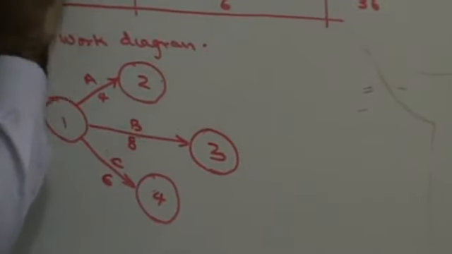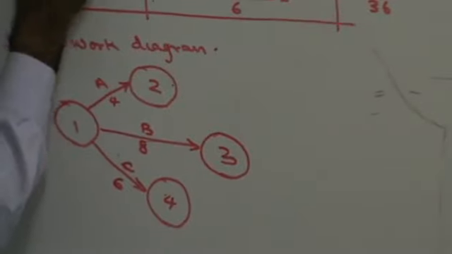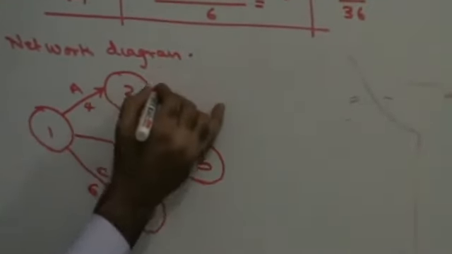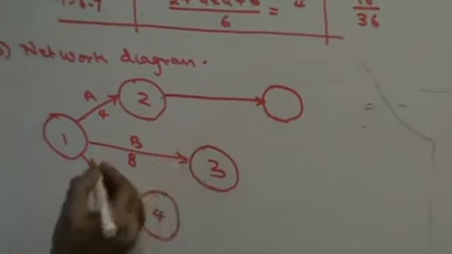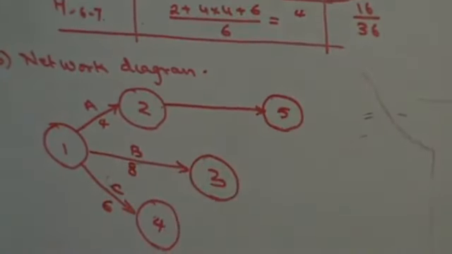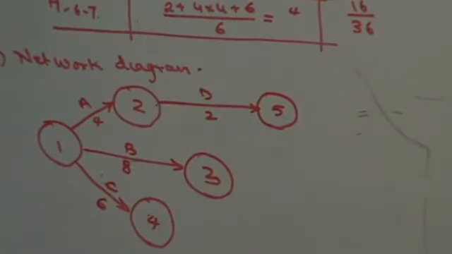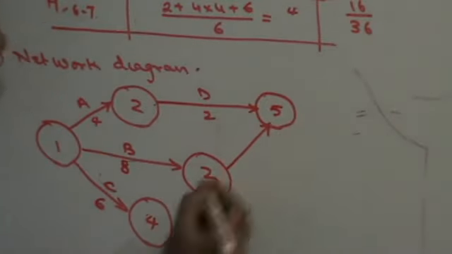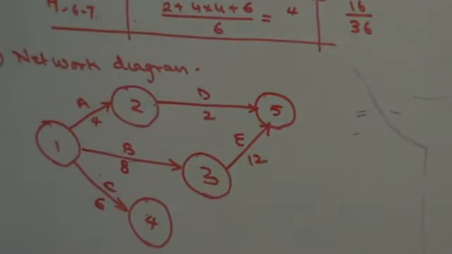Next, you have D, E, F, G, H. From 2 to 5 is activity D, which is 2 weeks. From 3 to 5 is activity E, which is 12 weeks.